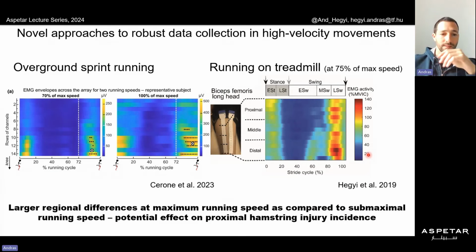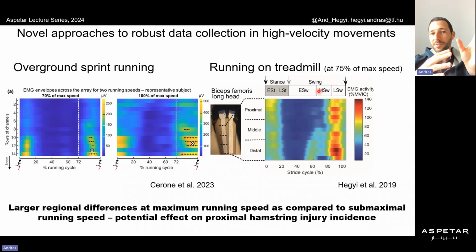So if you measure the activation on treadmill, then one limitation is that you measure at a constant speed normally, and you cannot measure at maximum speed. Basically what we did is we measured on the right side in our study up to 75% of maximum running speed, and we didn't really see a shift in the regional activation of the muscle.